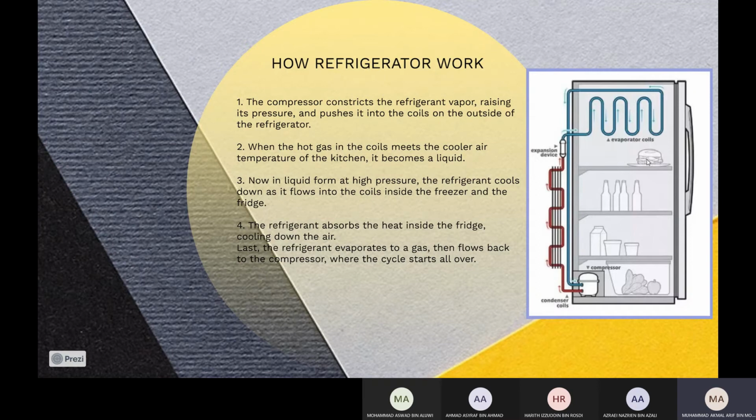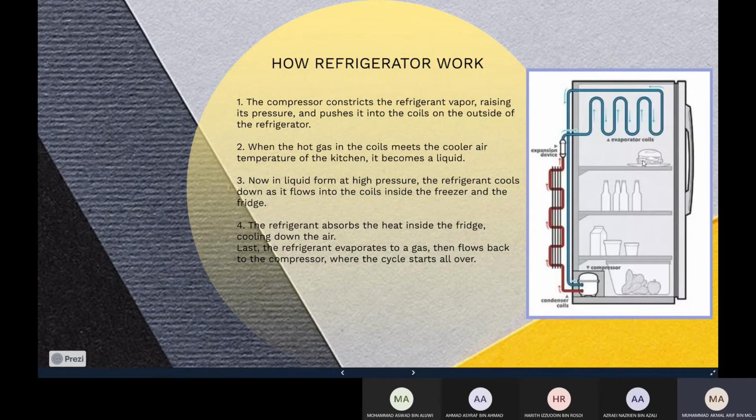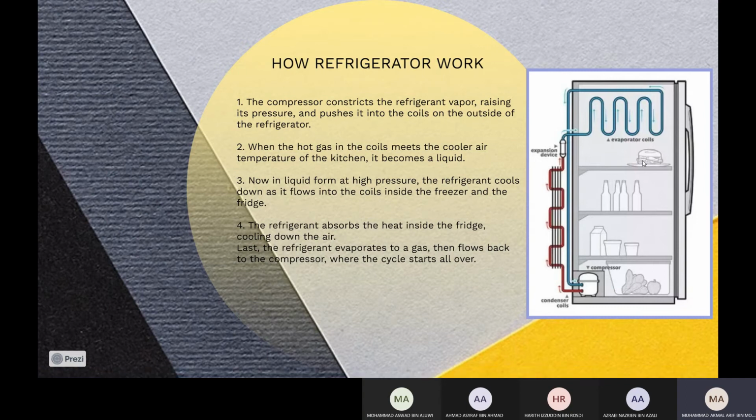The refrigerant is now in liquid form at high pressure. The refrigerant cools down as it flows into the coil inside the freezer and the fridge. The refrigerant absorbs the heat inside the fridge, cooling down the air. And lastly, the refrigerant evaporates to a gas, then flows back to the compressor where the cycle starts all over again.